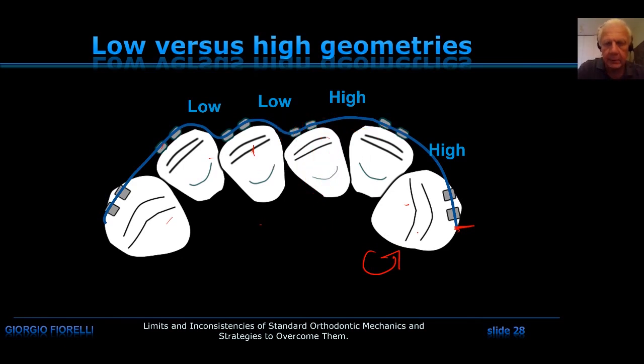If this bracket is oriented like this, it is a high geometry. So now we can make another wire which will go on rotating this. This is one possibility. So first you rotate this one, and when this is corrected, you go on to rotate the other one.